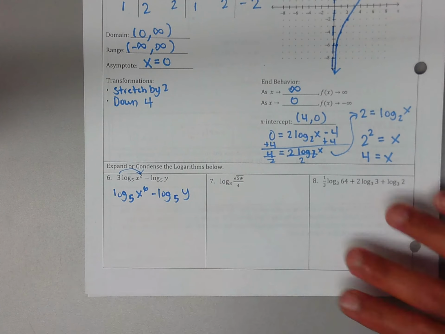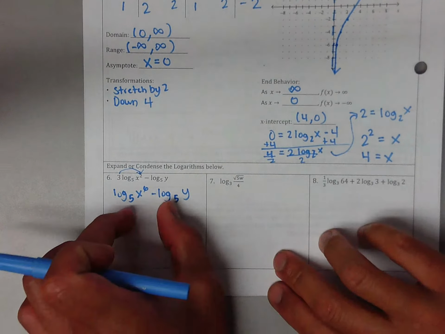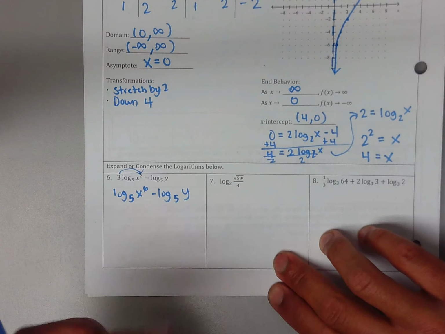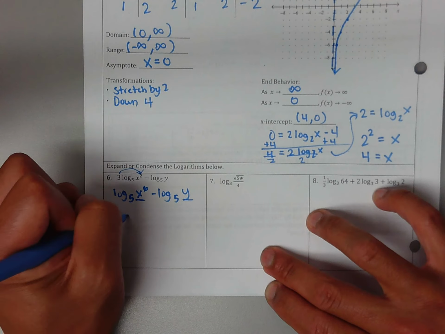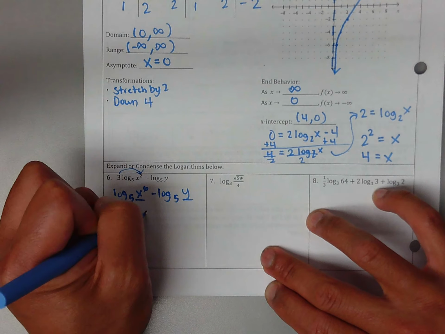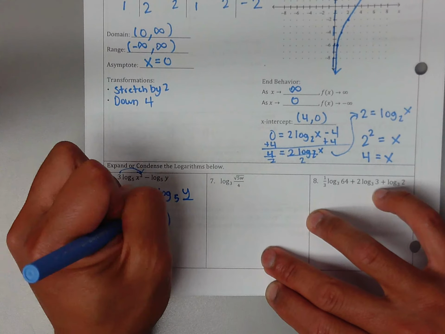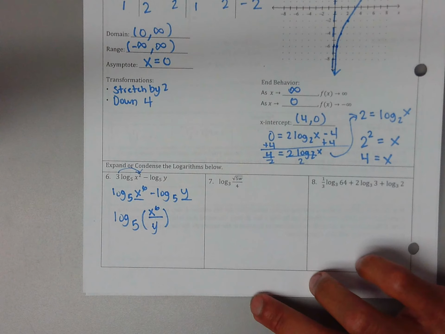And then remember, from the rules, I'll give you guys these rules on the test, but anytime you have two log expressions with the same base and they're subtracting, we can divide them. So we're going to rewrite it as log base 5, and then create our fraction. This x to the 6 goes on top, that y goes on the bottom, and that's our final answer for that one.